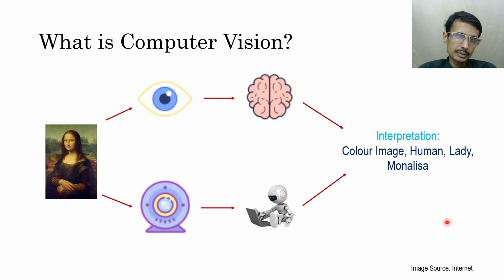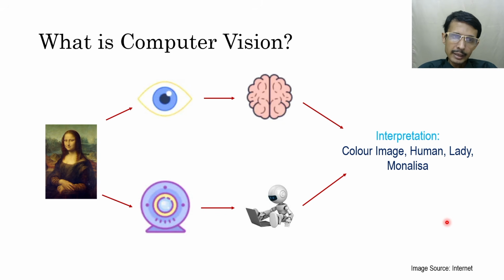In this course, there are two basic agendas. One is computer vision, another is generative AI. So first we start with what we mean by computer vision.